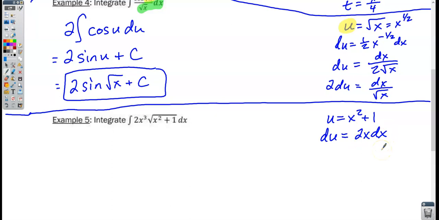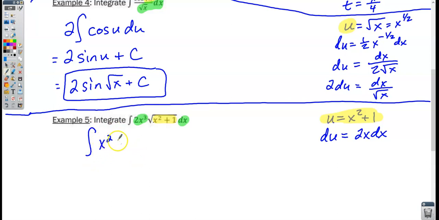What happens when I try and put all this back in? I'm going to replace that with a u, and I'm going to replace 2x dx with a du. But this is very similar to example 1.